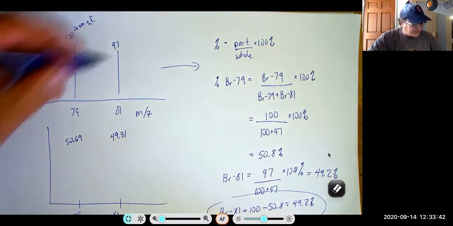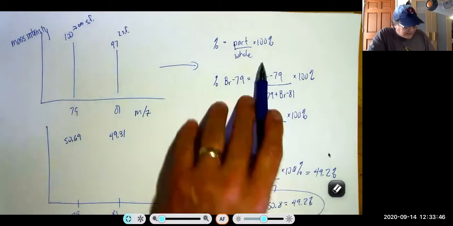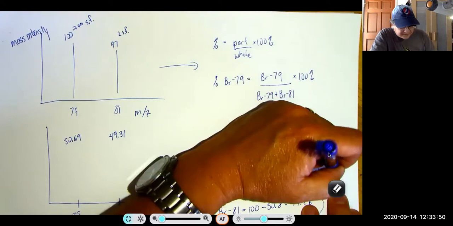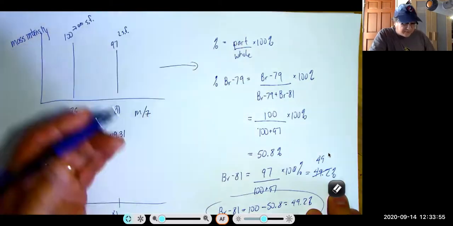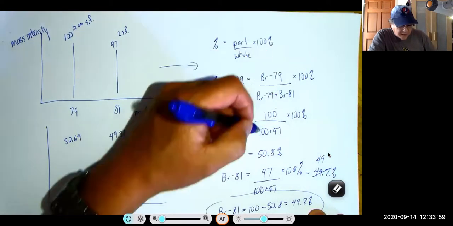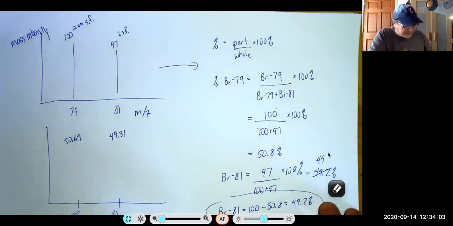And this has 2 sig figs. So this answer should actually only have 2 sig figs because of the 97. And this one should actually have 3 sig figs because the 100 is exact. On the bottom, 100 plus 97 ends up being 3 sig figs, and 100% is exact.